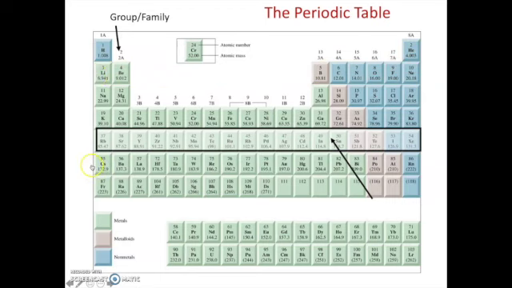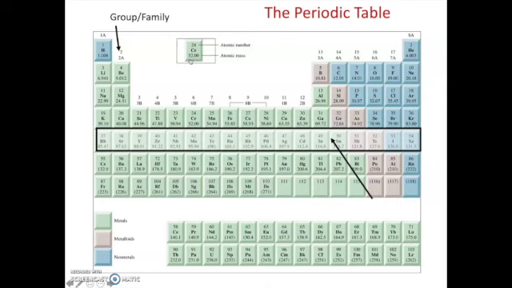Okay. So the other number for an individual element is the decimal number value, and this is the atomic mass. The decimal number value is a calculated value, so that's why it's a decimal. It's an average mass of one atom of that element, and it's calculated based on using all the isotopes of that element.